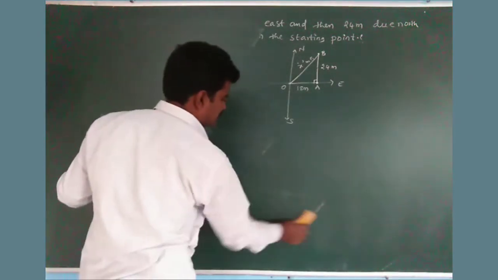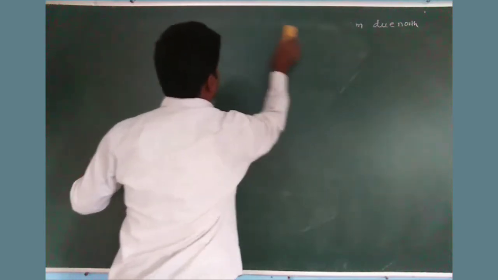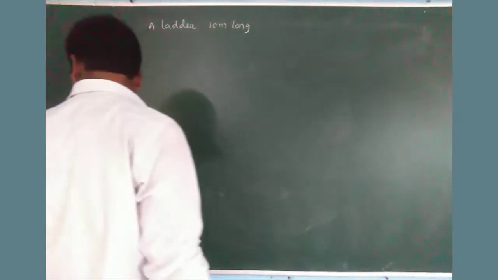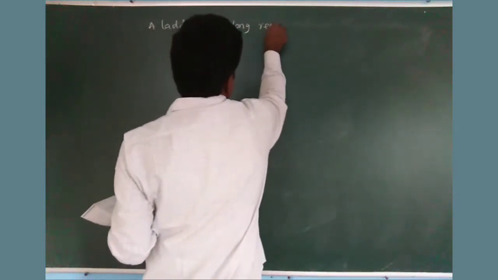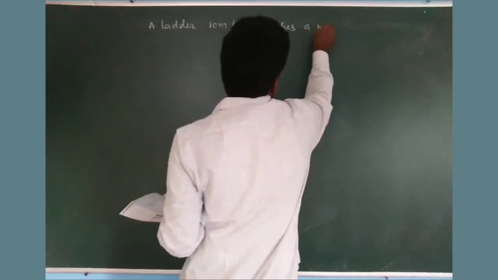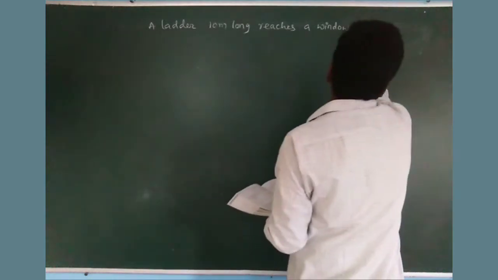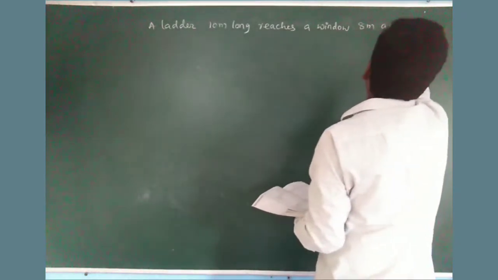Next, coming to the next problem. A ladder 10 meters long reaches a window which is 8 meters above the ground.